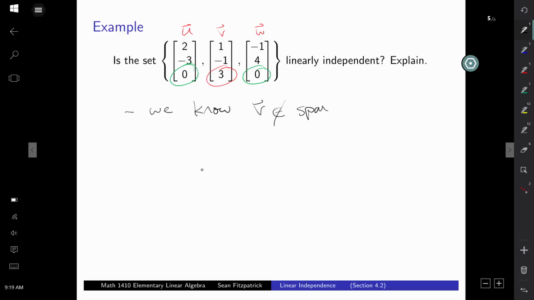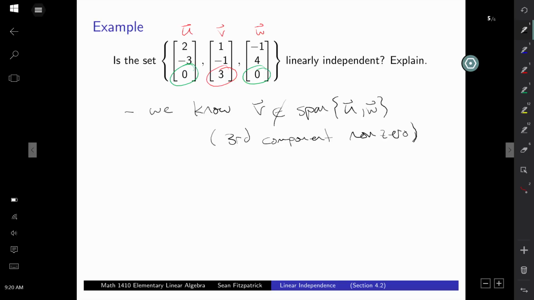Here's one way we can say it: I want to specify that v cannot be written as a linear combination of u and w. That's the same thing as saying that v does not belong to the span of u and w. And we know this because the third component is non-zero, right?